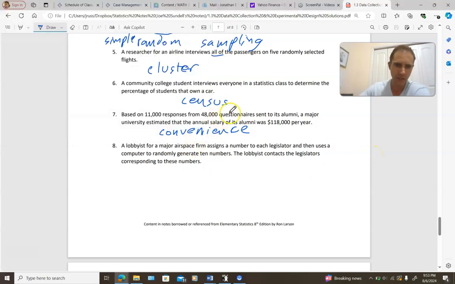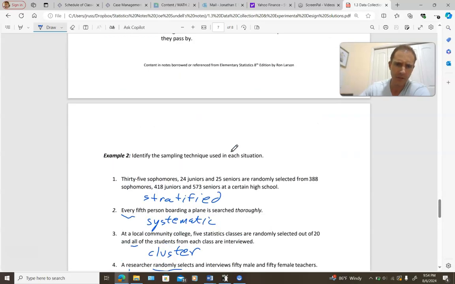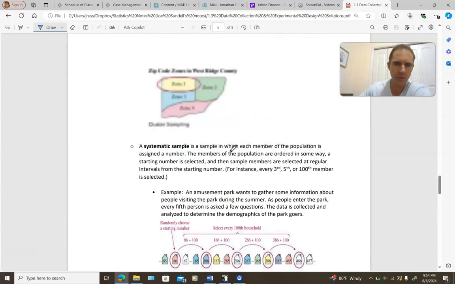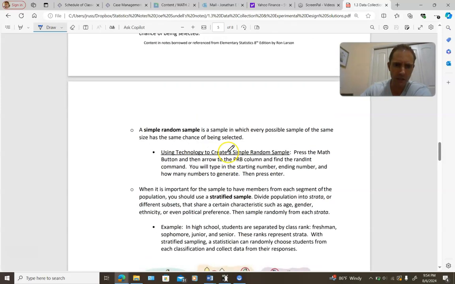All right, number 8. A lobbyist for a major aerospace firm assigns a number to each legislator and then uses a computer to randomly generate 10 numbers. The lobbyist contacts the legislators corresponding to these numbers. This one, again, I think this one is random sampling. The distinction between these two is kind of subtle.